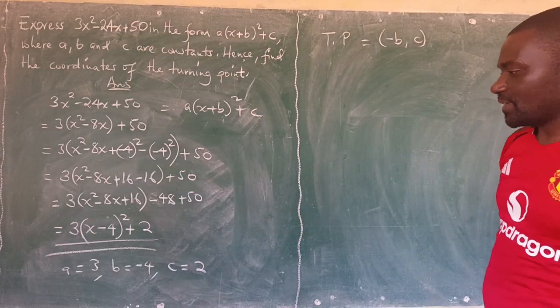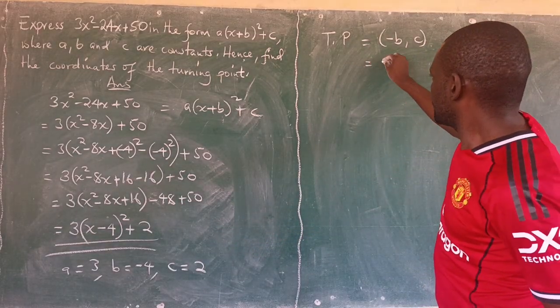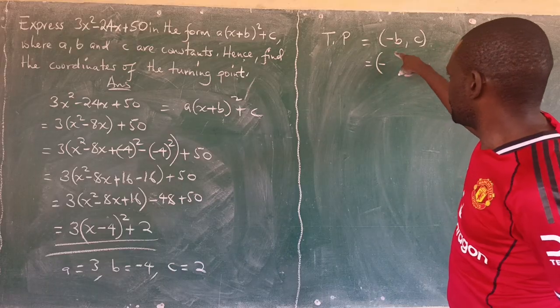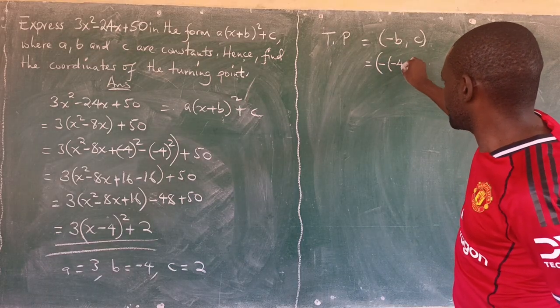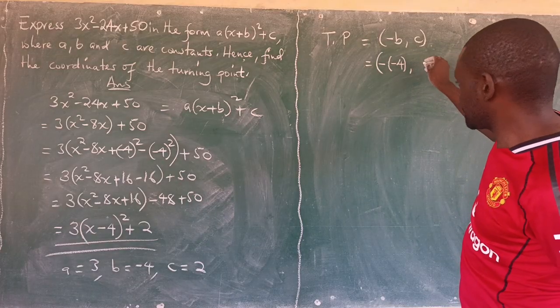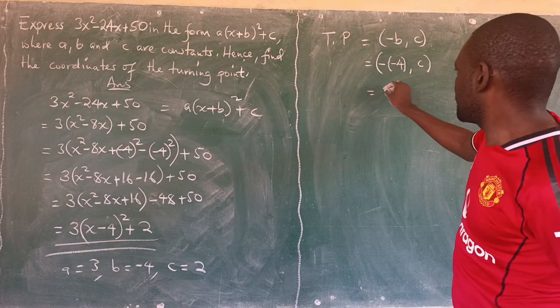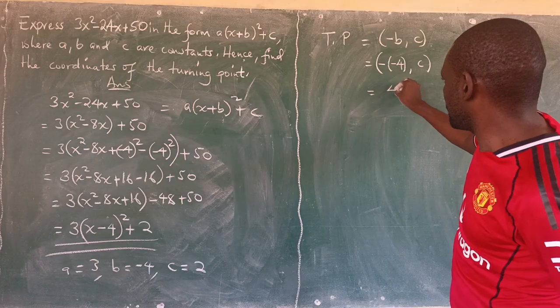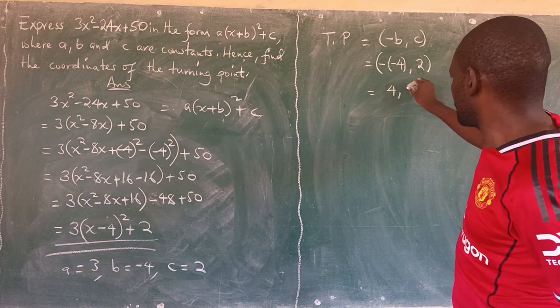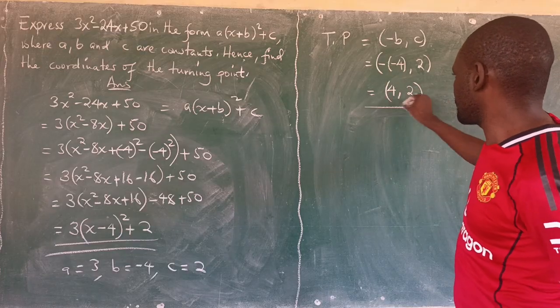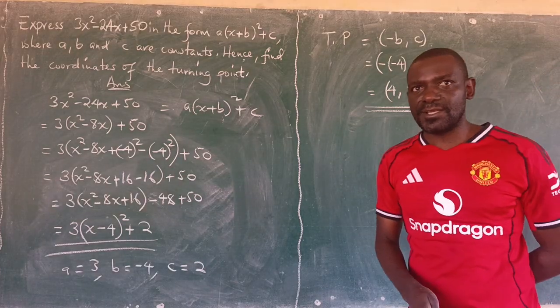So negative b comma c. Our b is negative 4, so we say negative negative 4, comma, our c is 2. And this gives us positive 4, comma 2. So these are the coordinates of the turning point, and we are done.